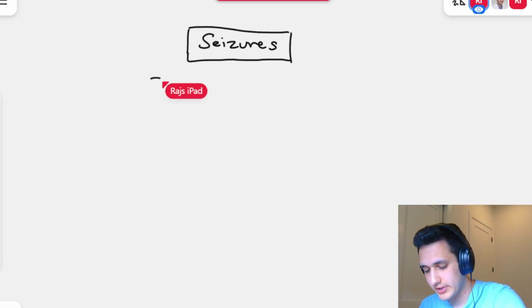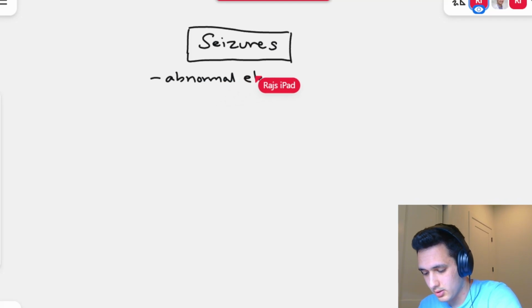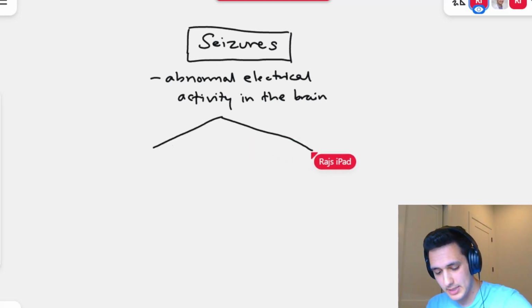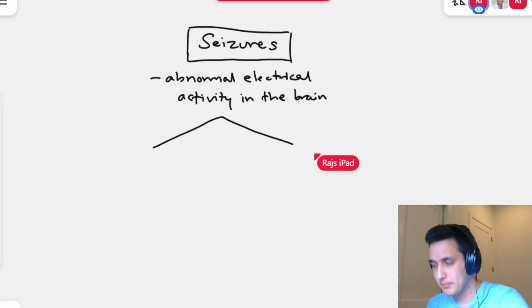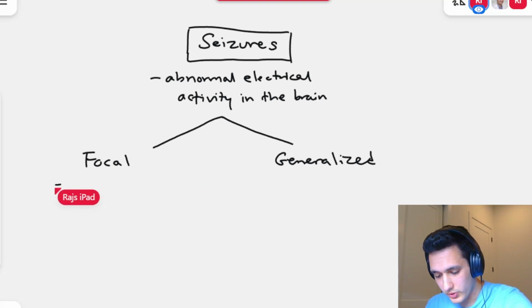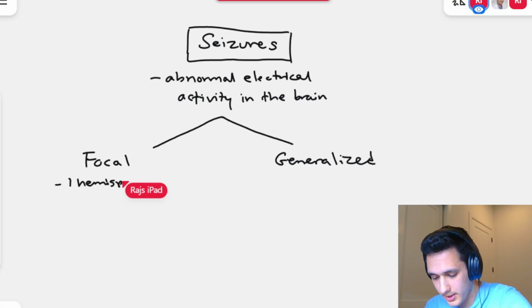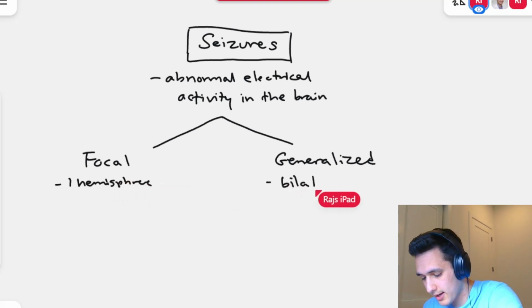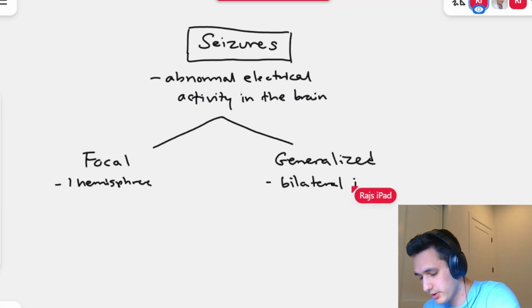So what really defines a seizure is basically abnormal electrical activity in the brain. And the way we like to categorize seizures, at least at first, at least the way I like to do it, is based on where the seizure actually presents in the brain. So we have two types, focal and generalized seizures. Focal seizures are typically seizures that originate in one hemisphere of the brain compared to, say, generalized, which have bilateral hemispheric involvement.